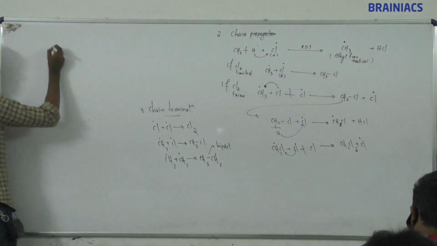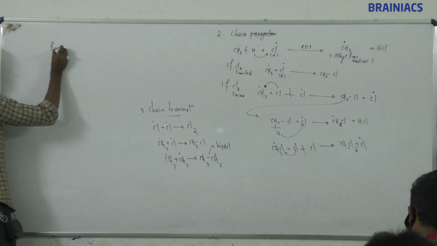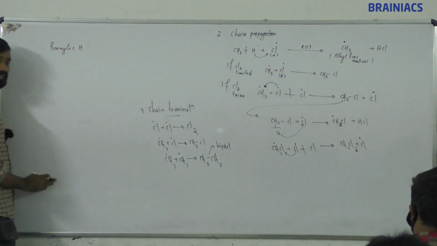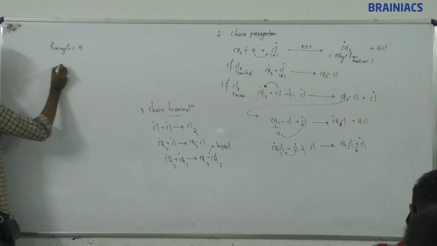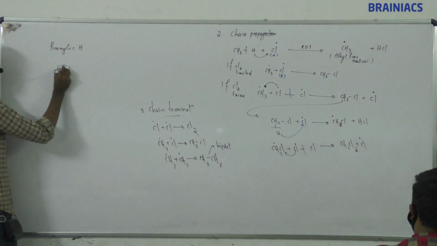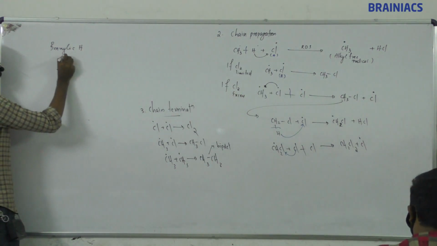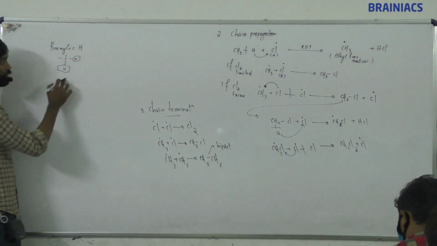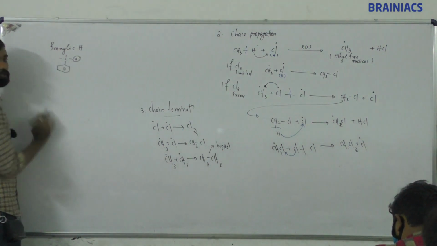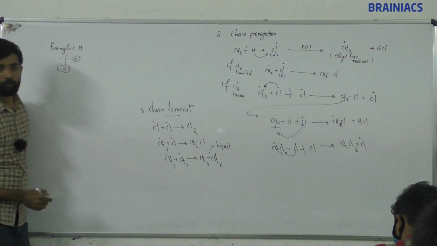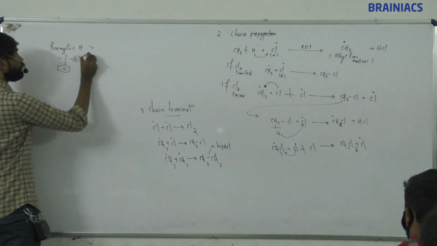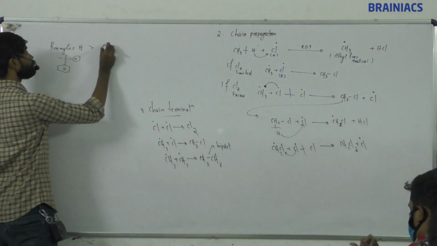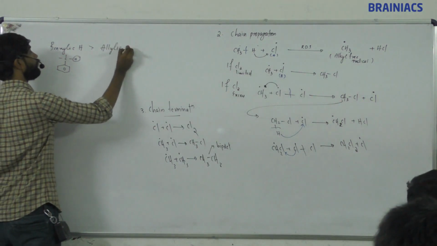So which hydrogen is removed easily? Benzylic hydrogen. What do you mean by a benzylic hydrogen? The hydrogen which is just alpha with respect to the ring is replaced easily. Then allylic hydrogen.